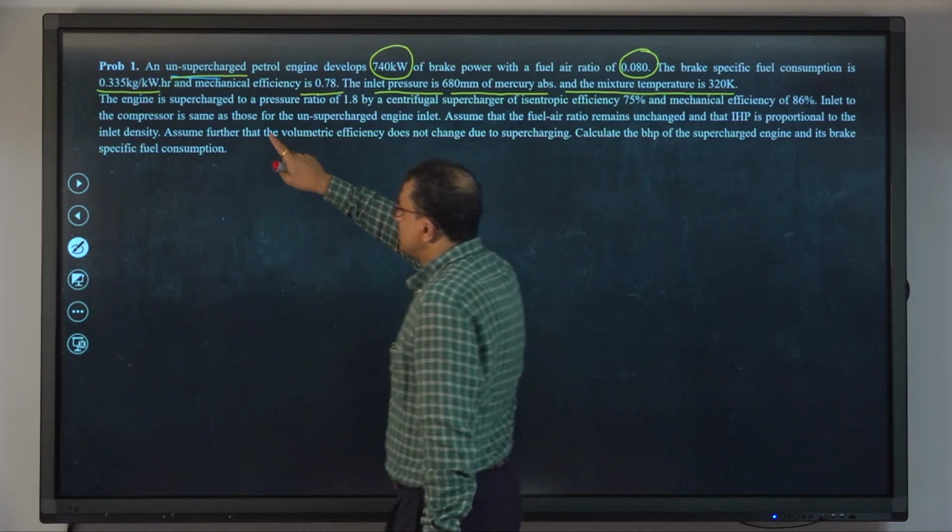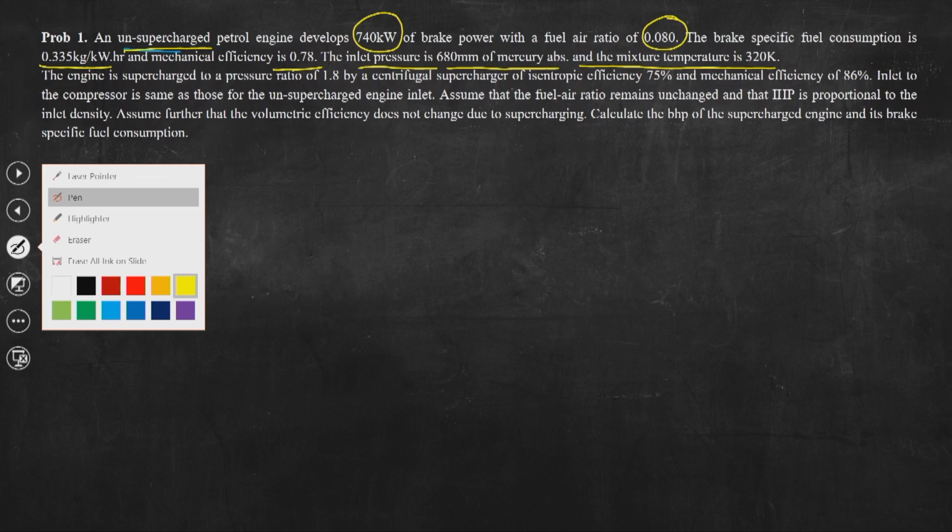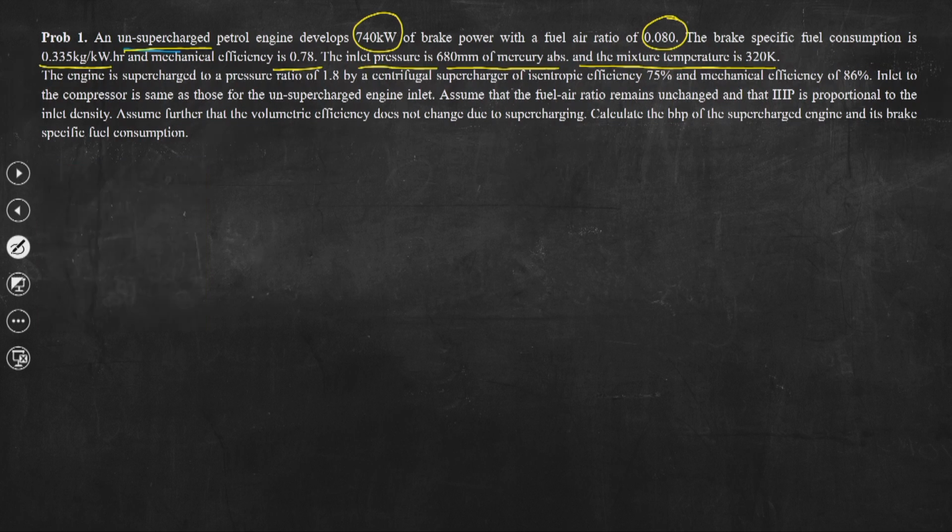The engine is supercharged. So, the next part of the problem is, the engine is supercharged to a pressure ratio of 1.8 by a centrifugal supercharger of isentropic efficiency 75%. So, initially it is an unsupercharged engine, next it is said that the engine is supercharged to a pressure ratio of 1.8 by a centrifugal compressor or supercharger.